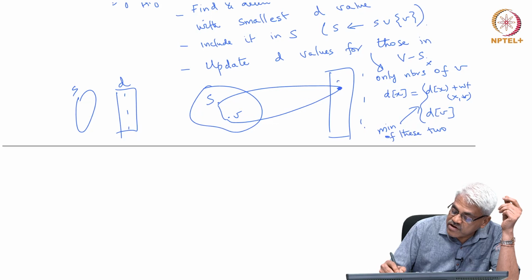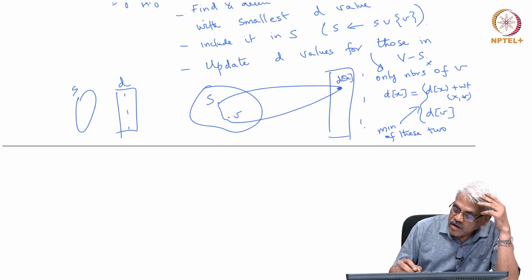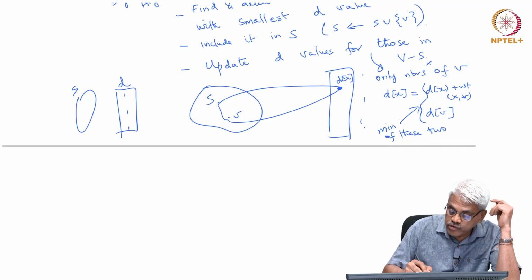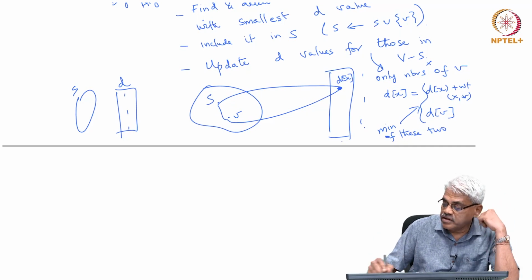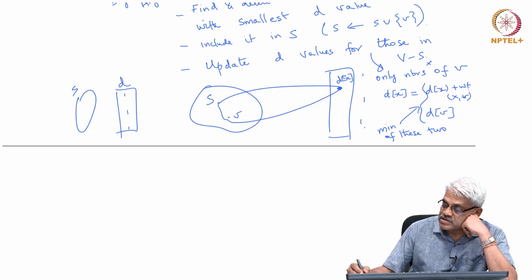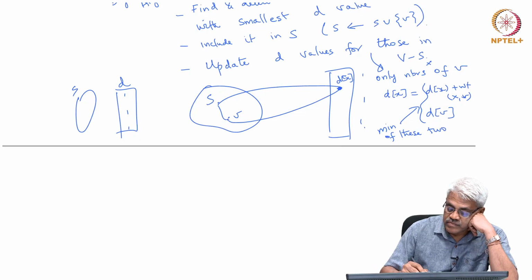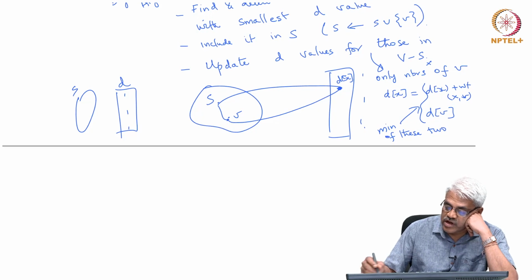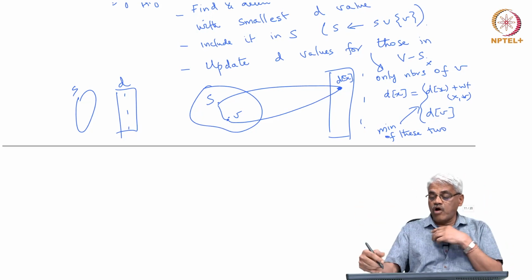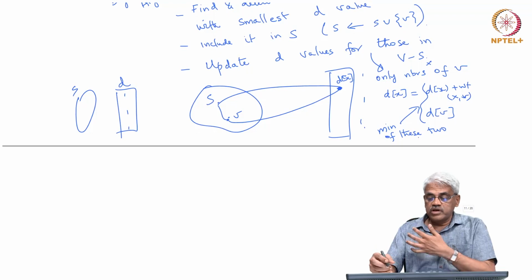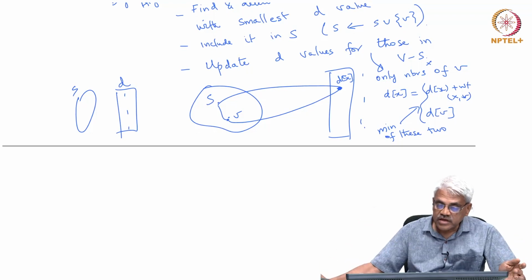Earlier there was this D of X stored through some path, but now through V there may be another path. That distance will be D of V plus weight of VX. Whichever is smaller, whatever you had stored before or the new one, update the D values. That's it.